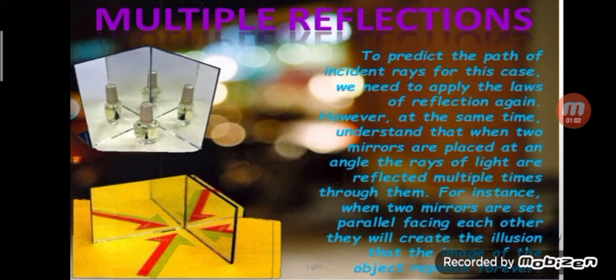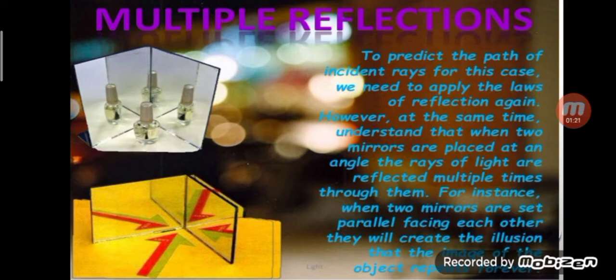If we place two mirrors parallel to each other, we can see infinite number of images in the mirror. Here in this picture, you can see an example of multiple reflection.